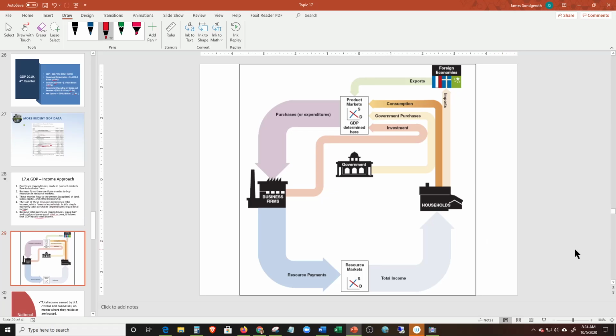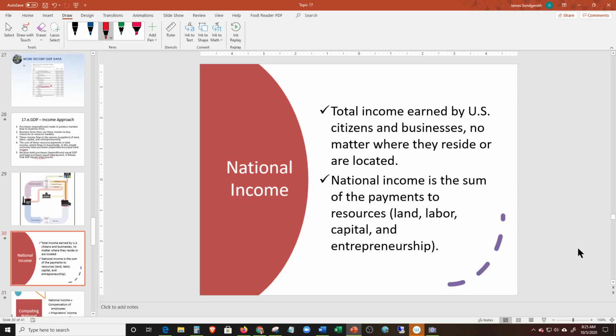Here is a circular flow from the textbook, and basically you can see this is where I draw one dam, and then of course we can draw another dam here in this circular flow and measure the flow. The flow coming in here to buy all these goods and services should equal the flow here into the households. It gets a little bit more complicated, but you get the idea.